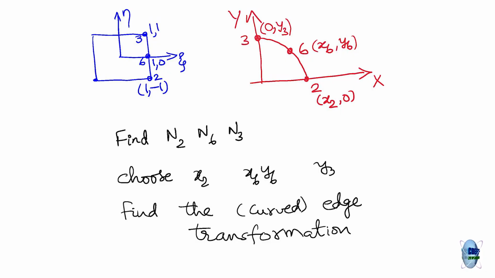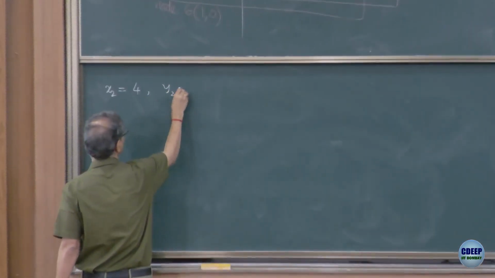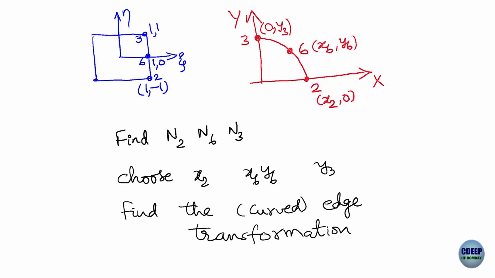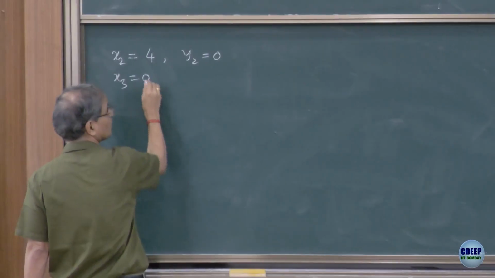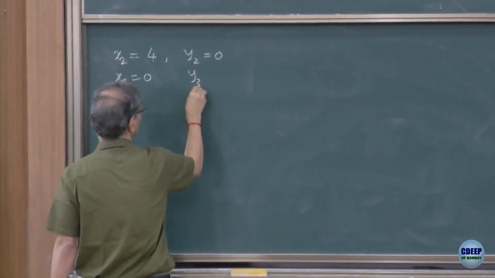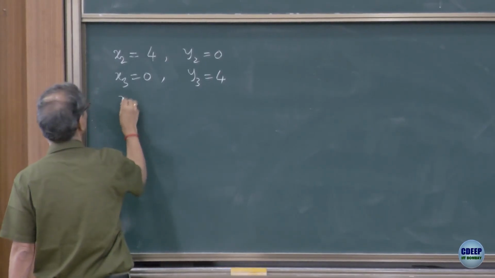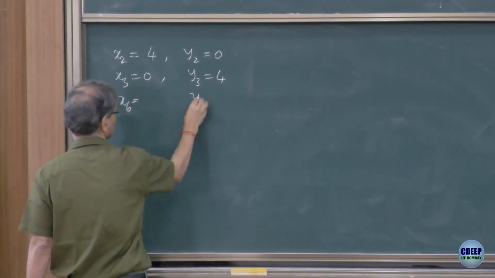You are going to use some coordinates. So what should I take x2 to be? Say 4, y2 is 0, radius of the circle to be 4, let's say. So x2 is 4, y2 is 0, then x3 is 0, y3 is 4. Now tell me what would be x6, what would be y6?